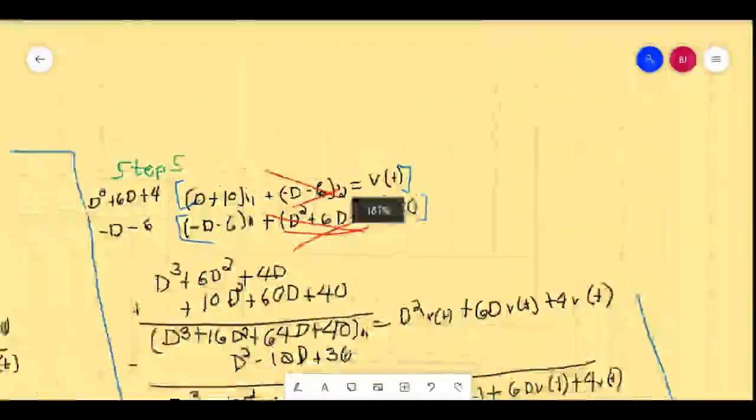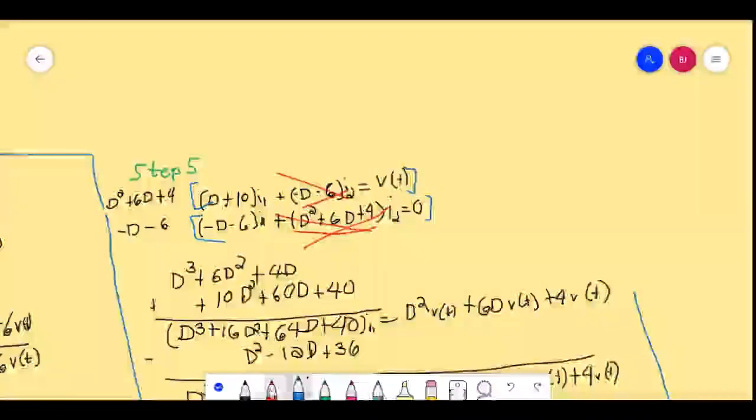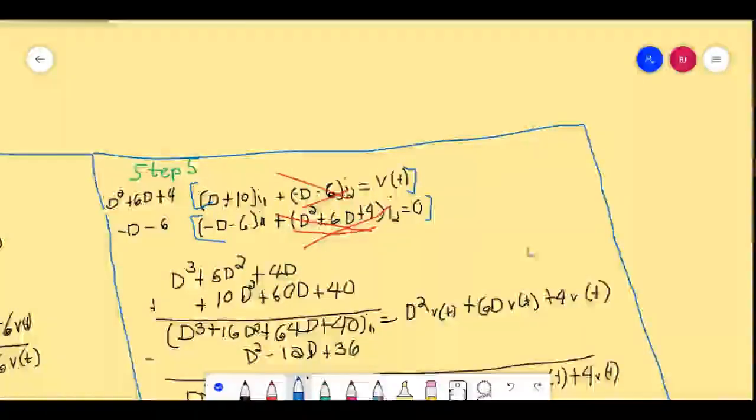Okay, so it is a bit tedious, especially if you are allergic to differential equations.